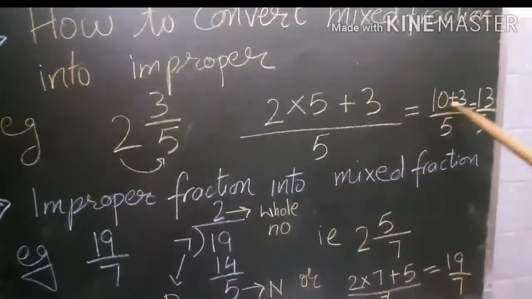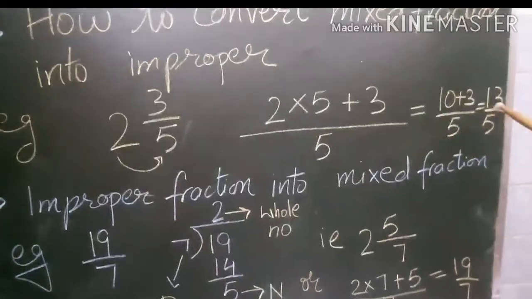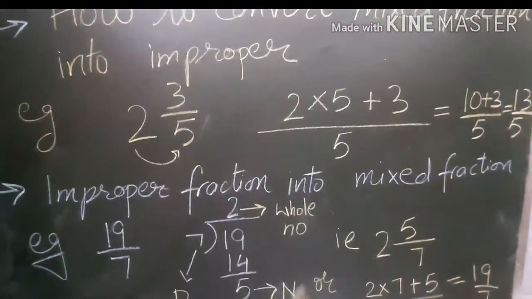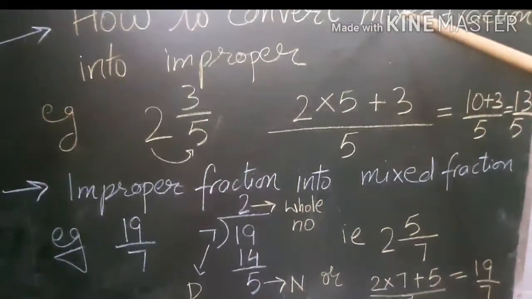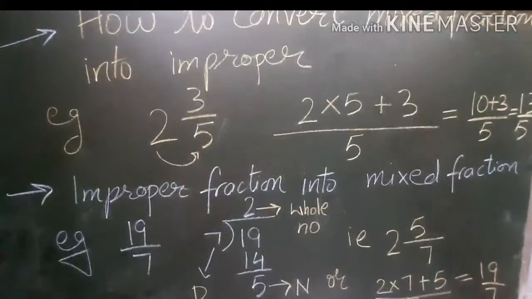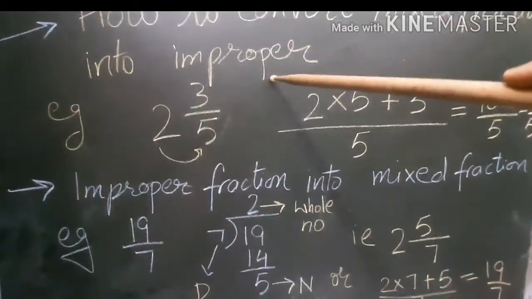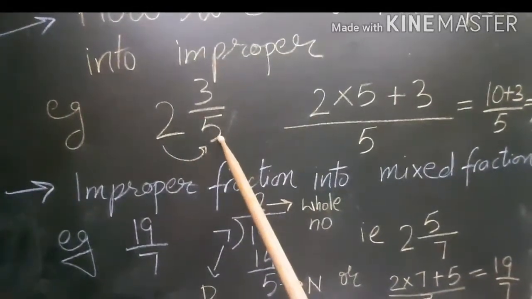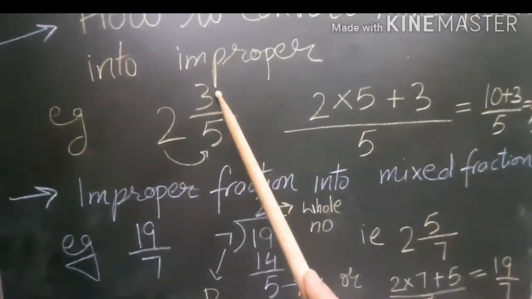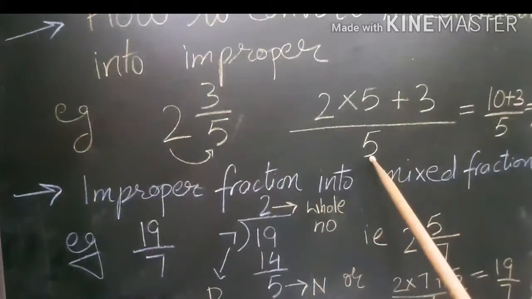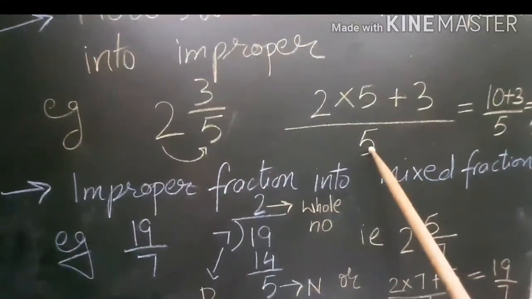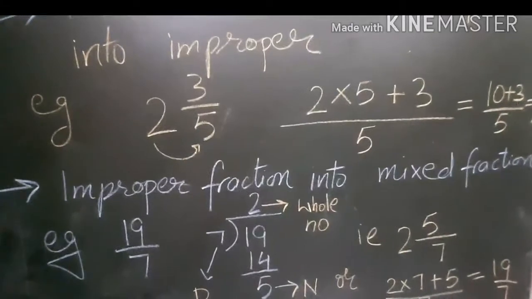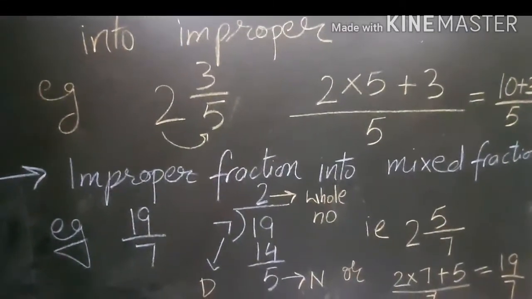It will become 10 plus 3 by 5, or 13 by 5. So in the case of a mixed fraction which we have to convert into an improper fraction, first we multiply the whole number with the denominator, then add the numerator to it. The denominator remains the same at its place, and then write whatever value you get.